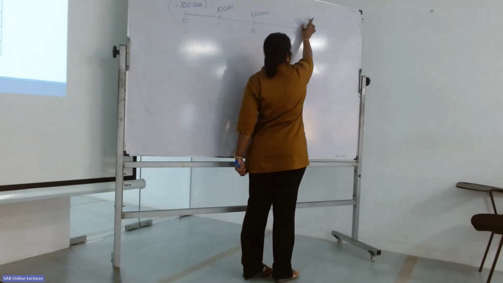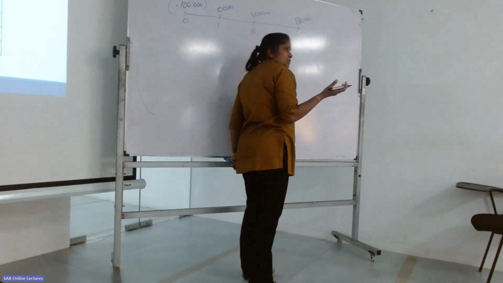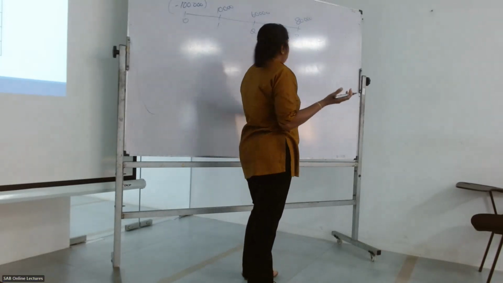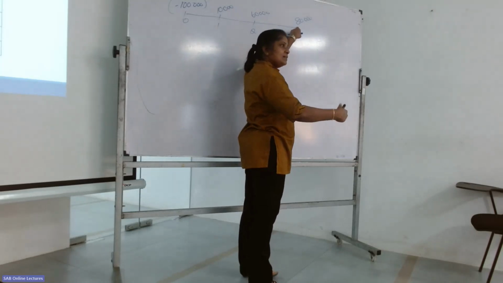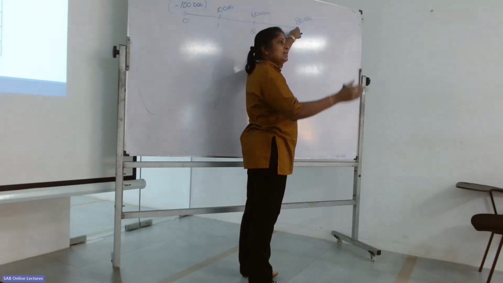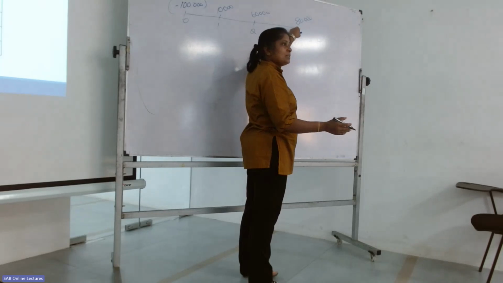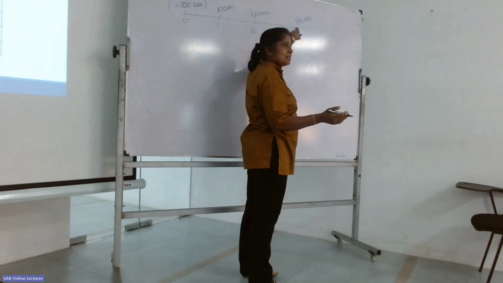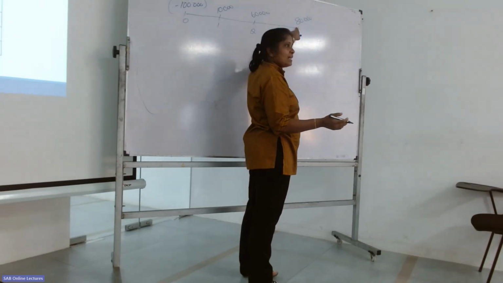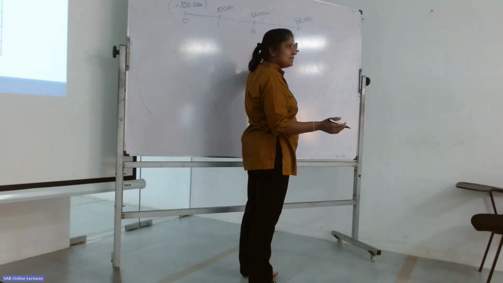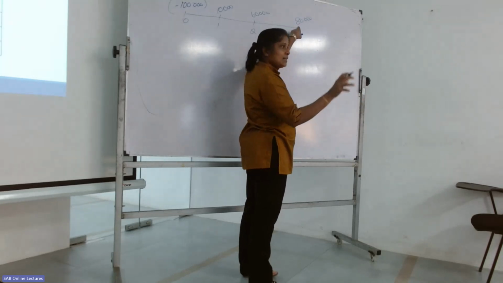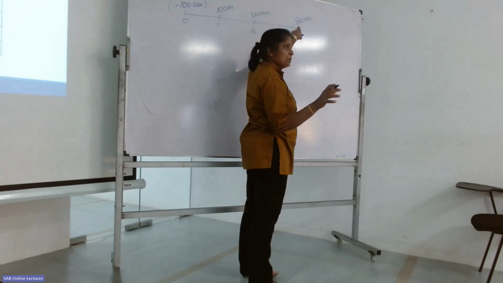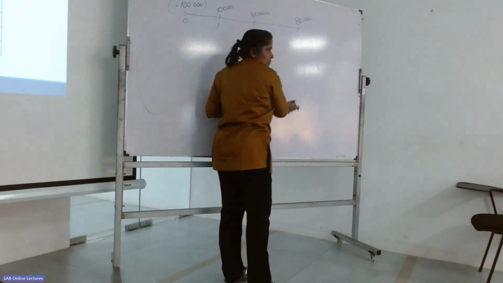This 80,000 is generated at the end of year 3, so it is the terminal year and there is no need to compound. You can take the 80,000 as it is.